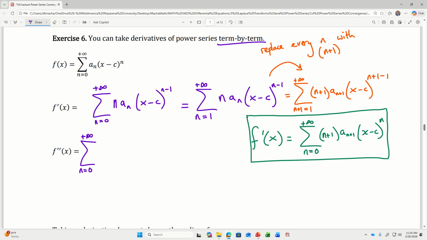What's my derivative? Yeah. N times n plus 1, times a of n plus 1 times x minus c to the n minus 1. Perfect.